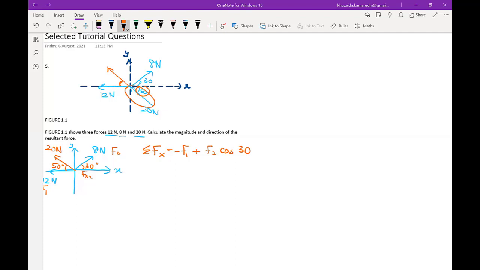And then for F3, we have negative, sebab dia towards the left, F3 cos 50. So macam biasa you akan masukkan nilai lah. 12 plus 8 cos 30 and then minus 20 cos 50. So cari nilai macam biasa, dapatkan komponen X.